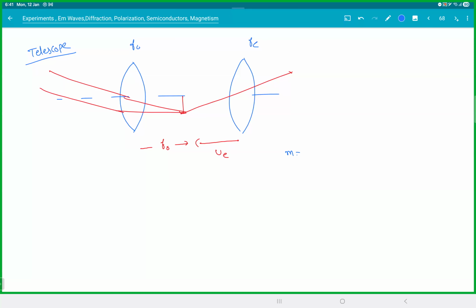So here the magnification will come out to be, you take this angle to be alpha, this beta, alpha by beta, that is F naught by FE. Magnification would be F naught by FE. This is for normal adjustment.